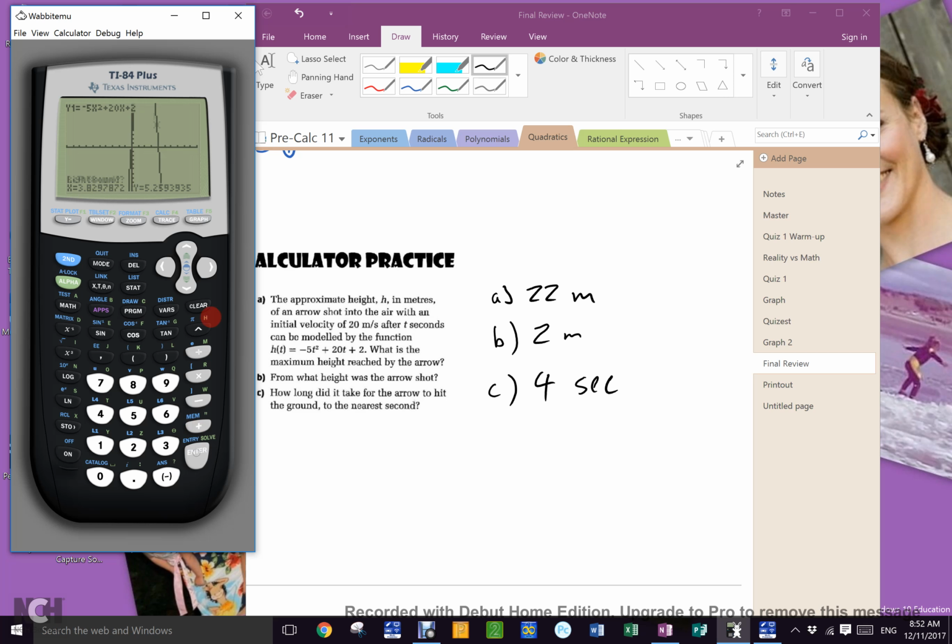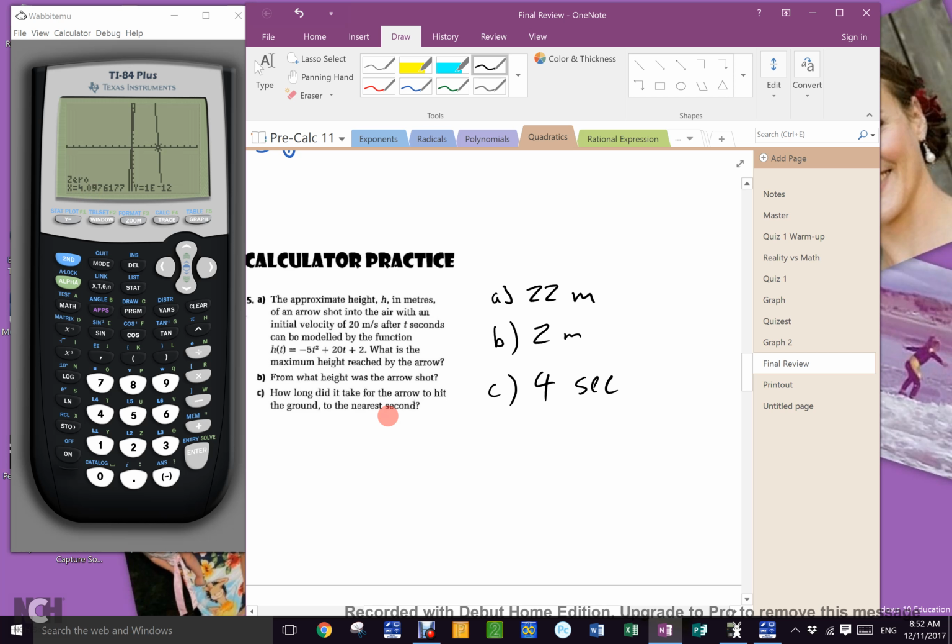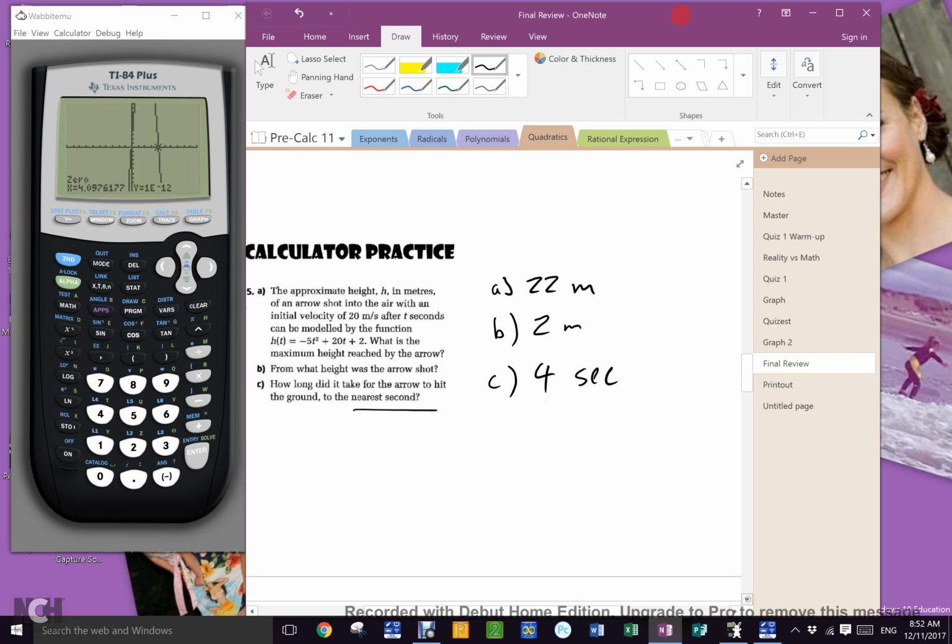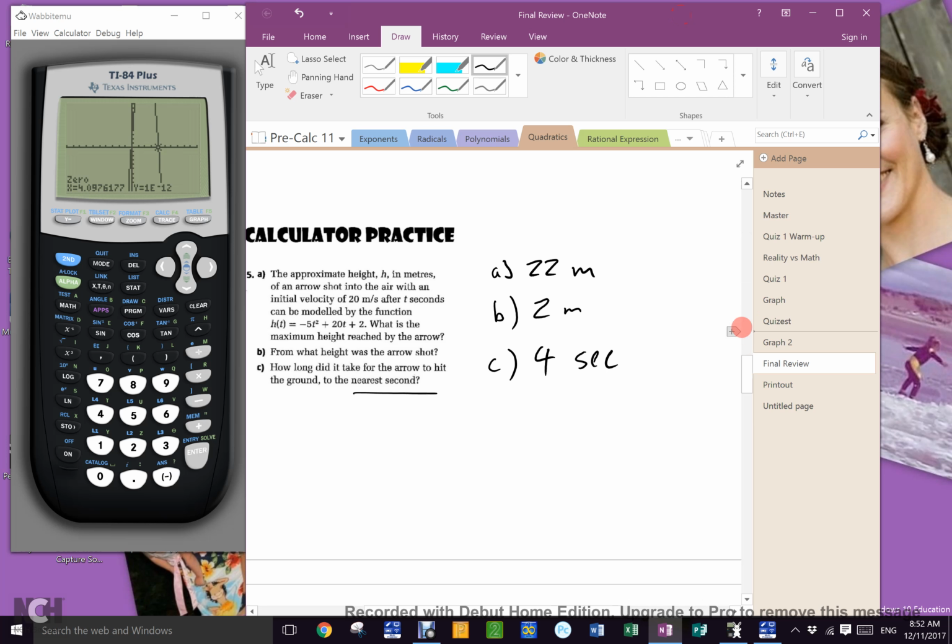There, enter. Now I'm on the other side of it, enter, enter. 4.09. So nearest second, 4 seconds. And I think that's the only calculator one I gave you.